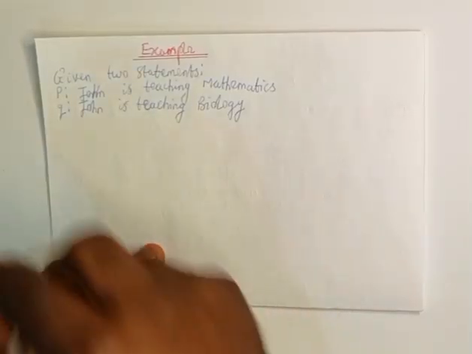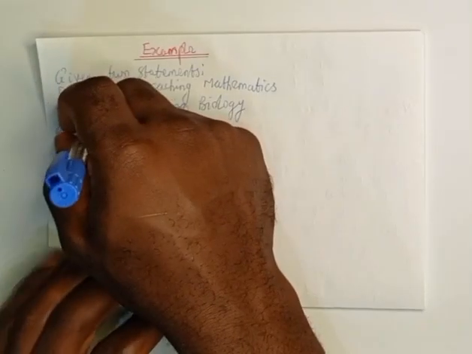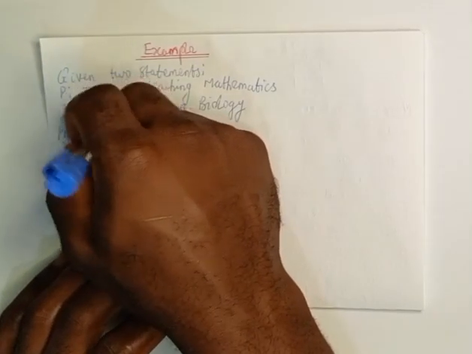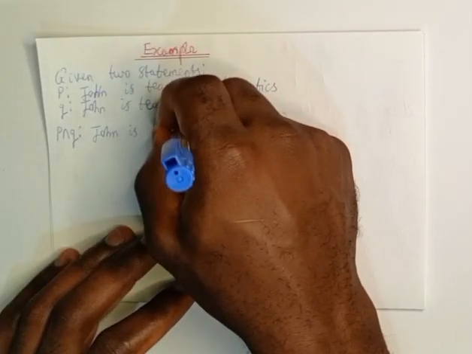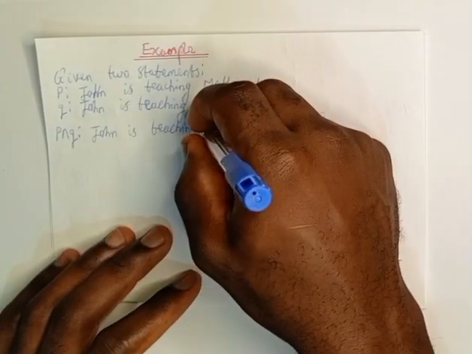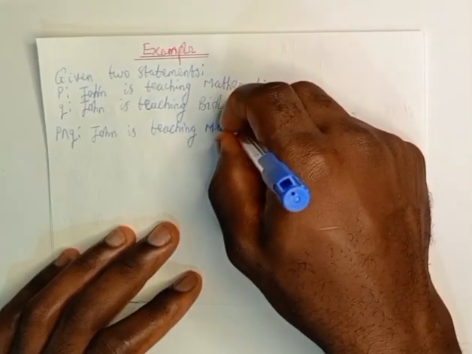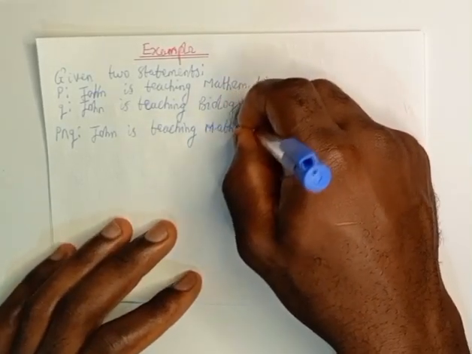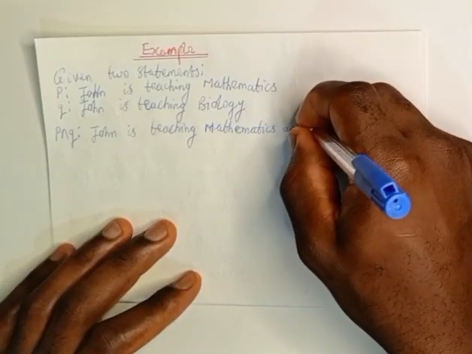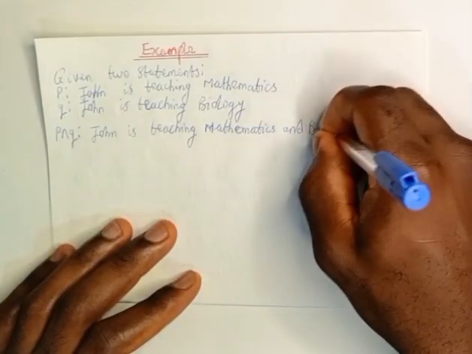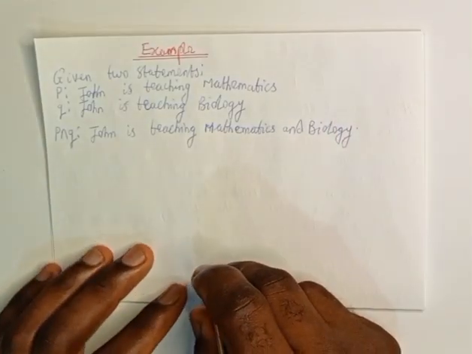The conjunction of the two statements is John is teaching mathematics and biology. This is the conjunction of the two statements.